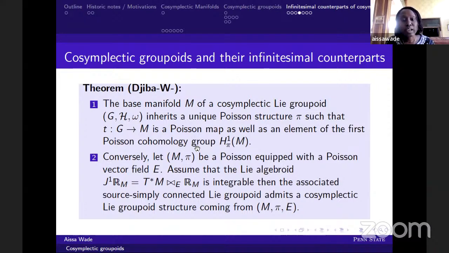We see that if I start with a cosymplectic Lie groupoid G, and we only prove it in a simple case but it can be generalized, and I look at the base manifold, there is a unique Poisson structure on the base manifold such that the target map is a Poisson map, but it also comes with an element of the first Poisson cohomology group.